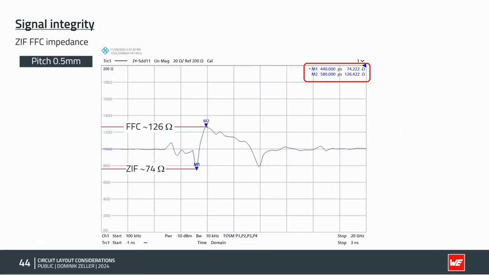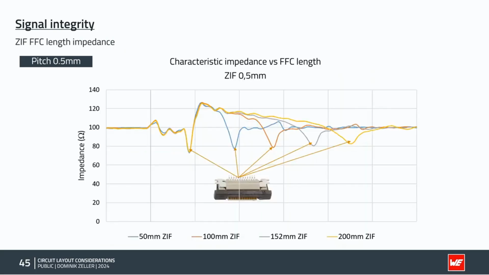Mismatch in impedance means we will have reflections, we will have losses, and how high is always depending, of course, on the application, but also depending on your signal and depending on a few other parameters.